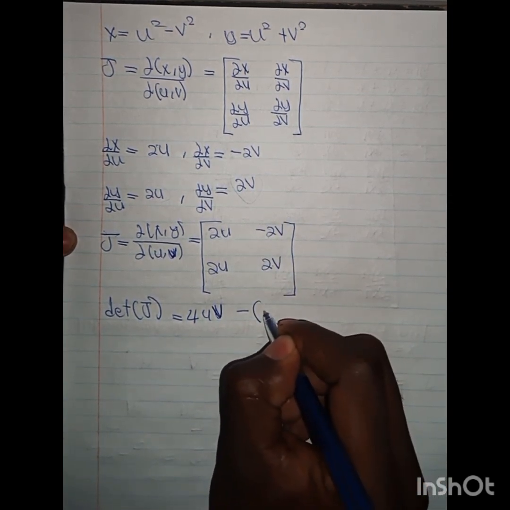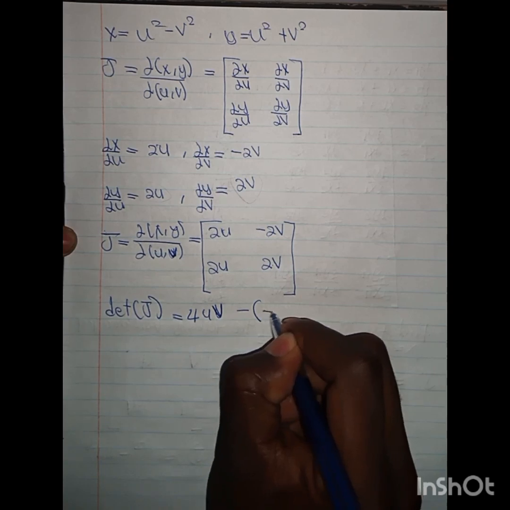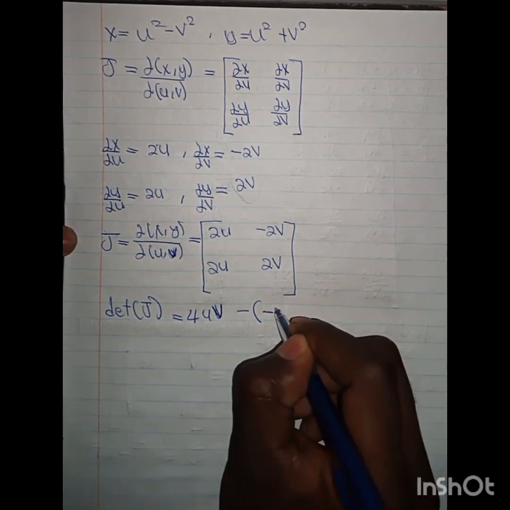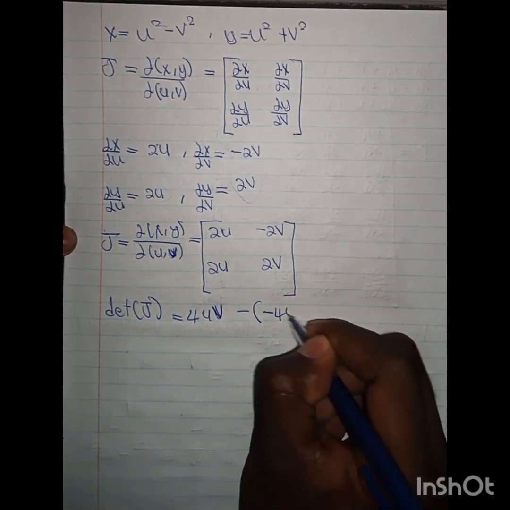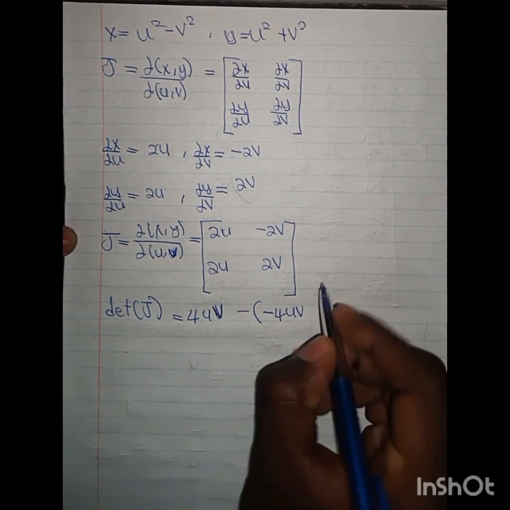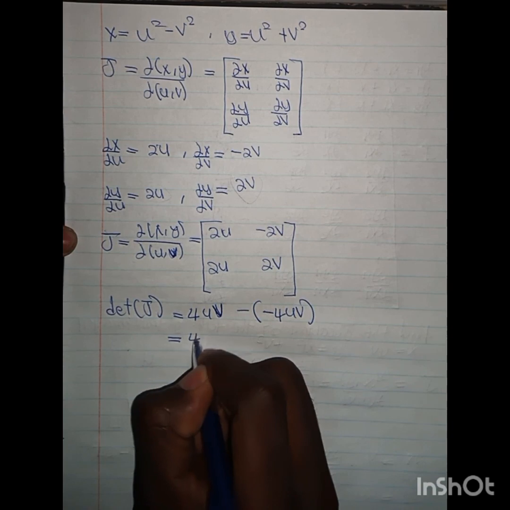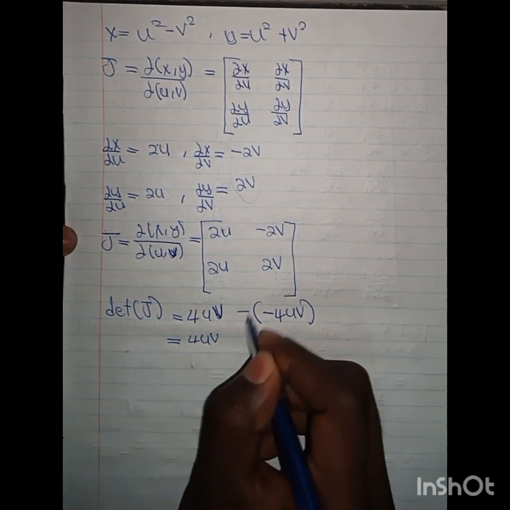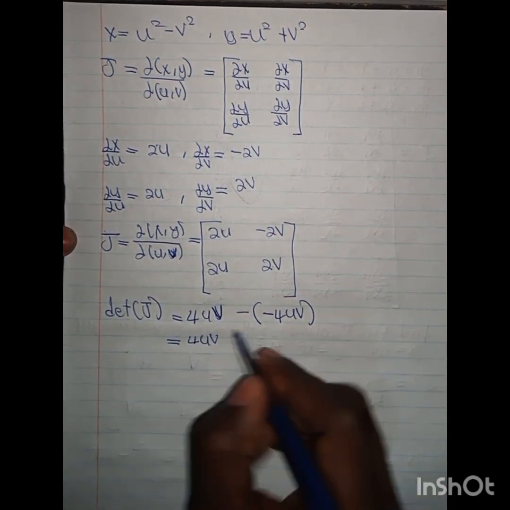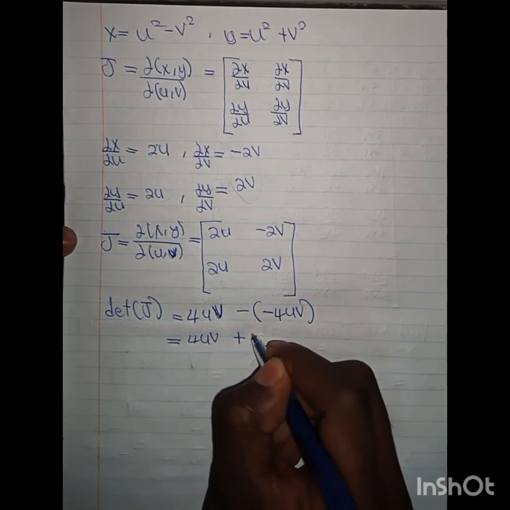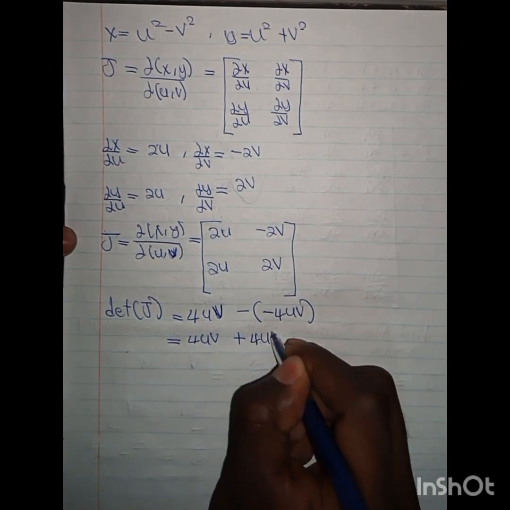This is minus 4uv. And then lastly, when you check, negative multiplied by negative will give us positive. So now we have 4uv.